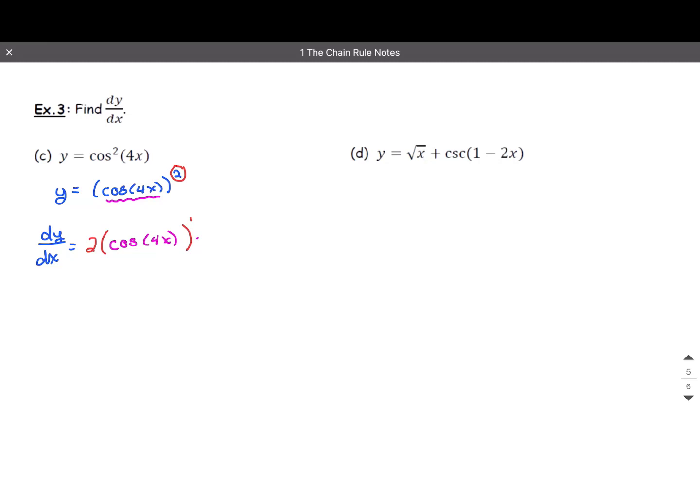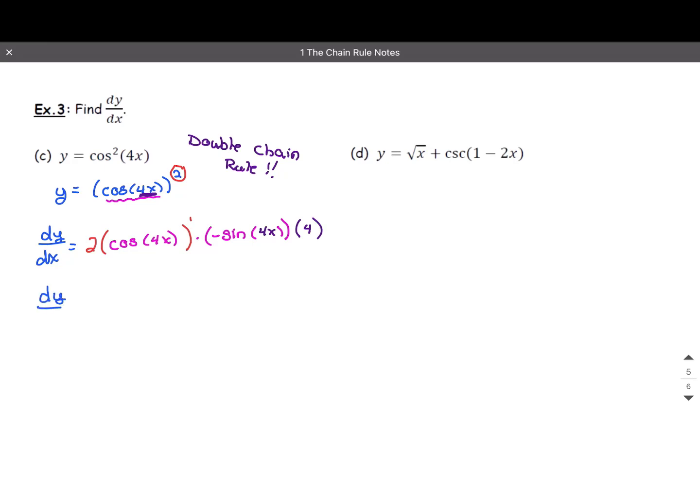However, inside the cosine x is a 4x. This is a double chain rule problem. So we're going to take the derivative of cosine, which is negative sine, and we're going to keep the inside 4x, but I still have to multiply by the derivative of 4x, which is 4.